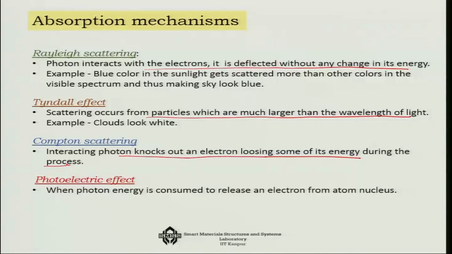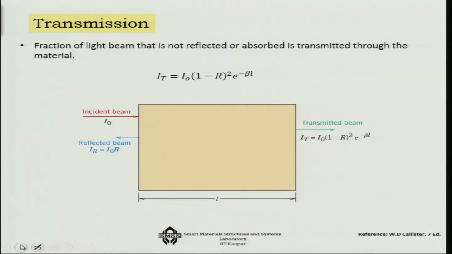In Compton scattering, the photon during the impact loses some of its energy and then the scattering takes place. And then the photoelectric effect, when photon energy is consumed to release an electron from the atom. This is the famous effect for which Einstein got his Nobel Prize. So, there are such various mechanisms of absorption of light: Rayleigh scattering, Tyndall effect, Compton scattering and photoelectric effect.